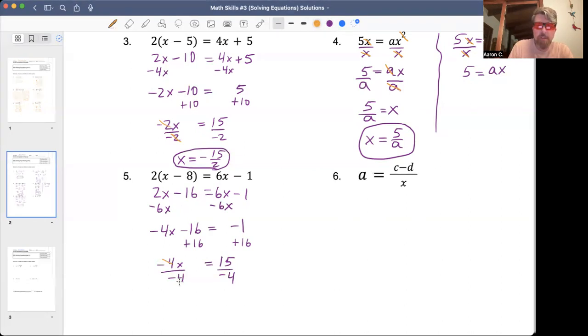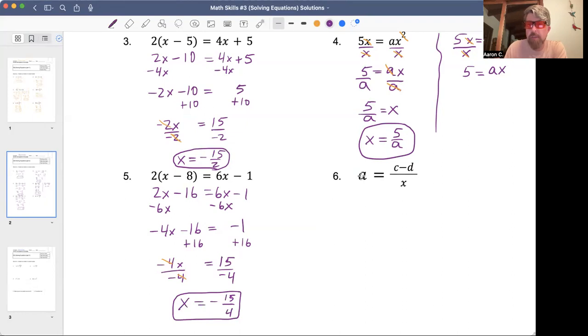The negative is part of that, so I guess I'll do it like that. We don't really have to cancel out all that, but I guess we could. And then we have x on the left equals negative 15 fourths on the right. And that is the answer to that one. And again, you can check that and make sure it works out. But I'm trying to keep my video short, so I'm not going to check it on the video.